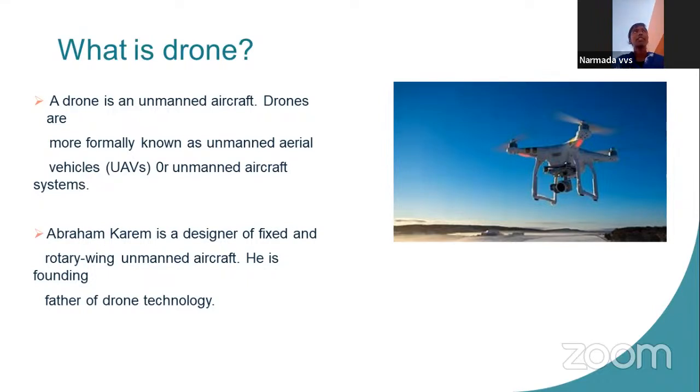I am explaining what is drone. A drone is an unmanned aircraft. Drones are more formally known as unmanned aerial vehicles or unmanned aircraft systems. Abraham Karim is the father of drone technologies.